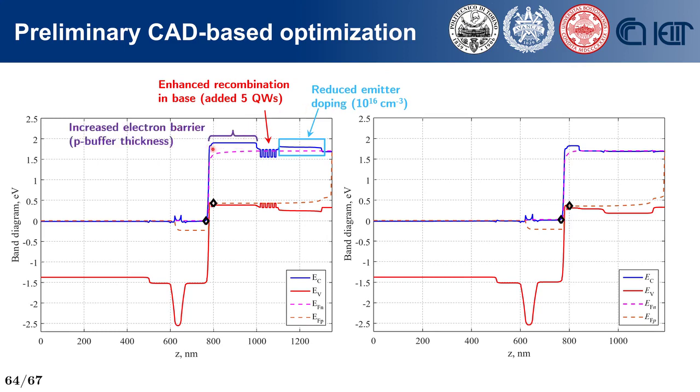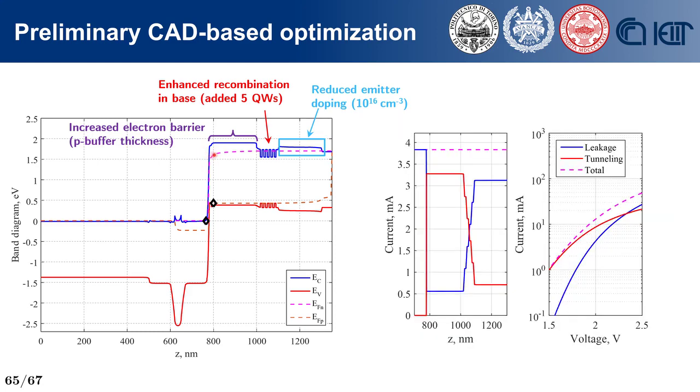Then we introduce some electron barrier layer by thickening the p-buffer section, and even if maybe it's not the most optimized structure, what we can see is that here the current is dominated by the tunneling current, so by a bipolar current, even at 10 milliamp levels, so the ones comparable to those of a typical VCSEL operation. I repeat, the purpose was not optimizing perfectly the structure, but just demonstrating how the analogy can help us towards the design.